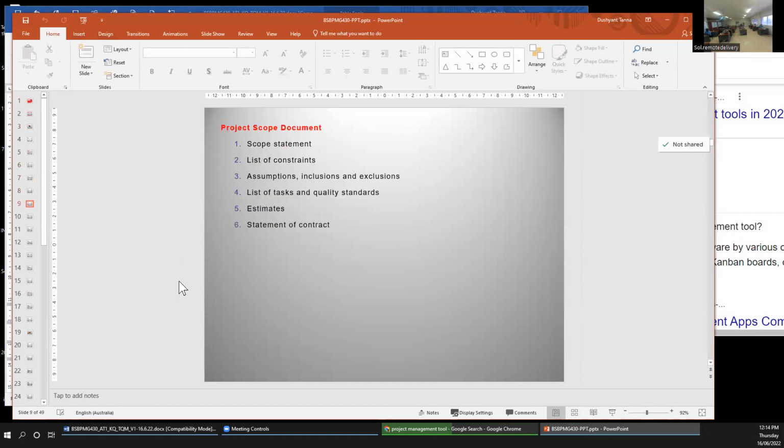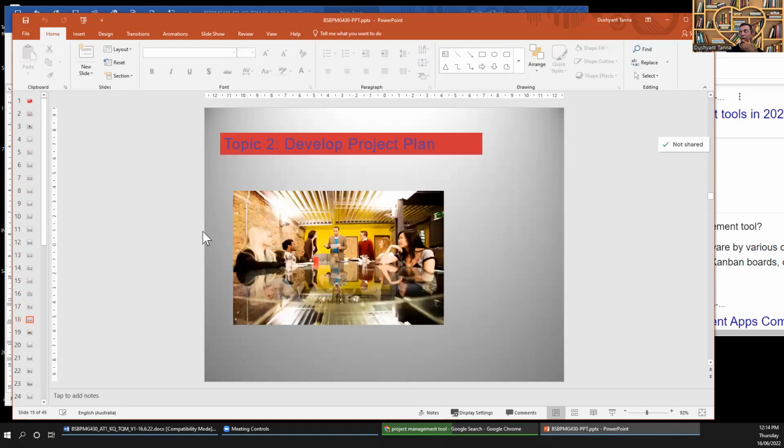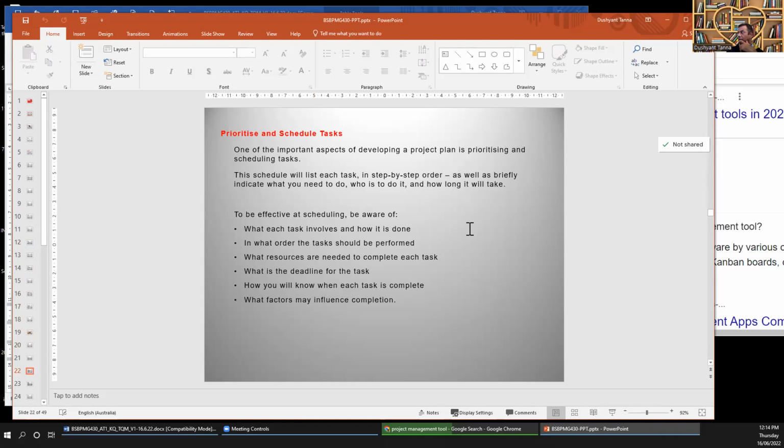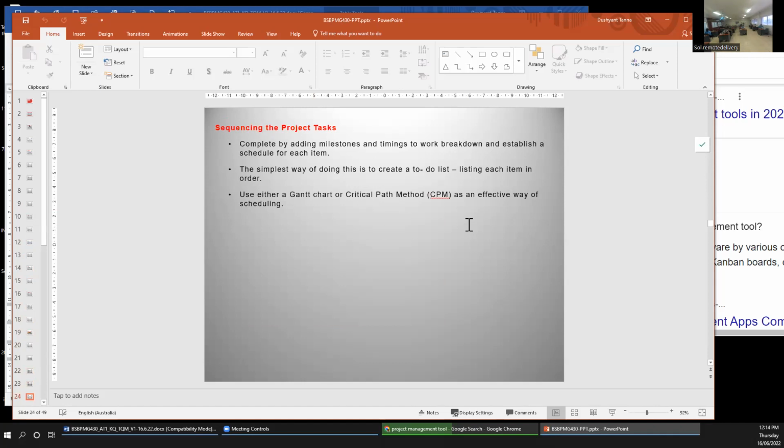What are the meeting documents, the contract, the scope, scheduling, prioritizing of tasks, resource guideline, timetable guideline.